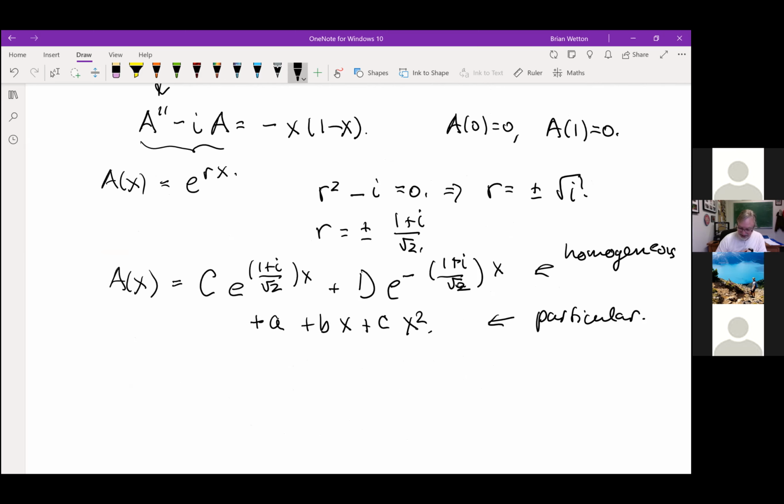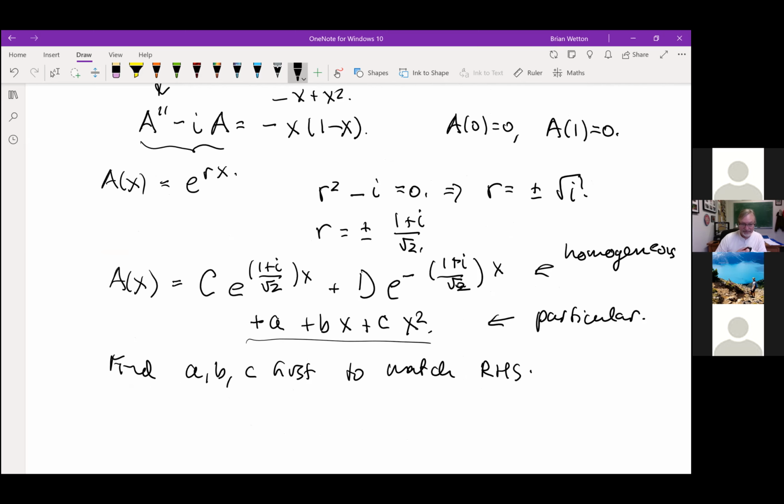And you can do the game, right? So you find a, b, and c first to match the right-hand side forcing terms, right? The minus x plus x squared terms, you can match with these guys.